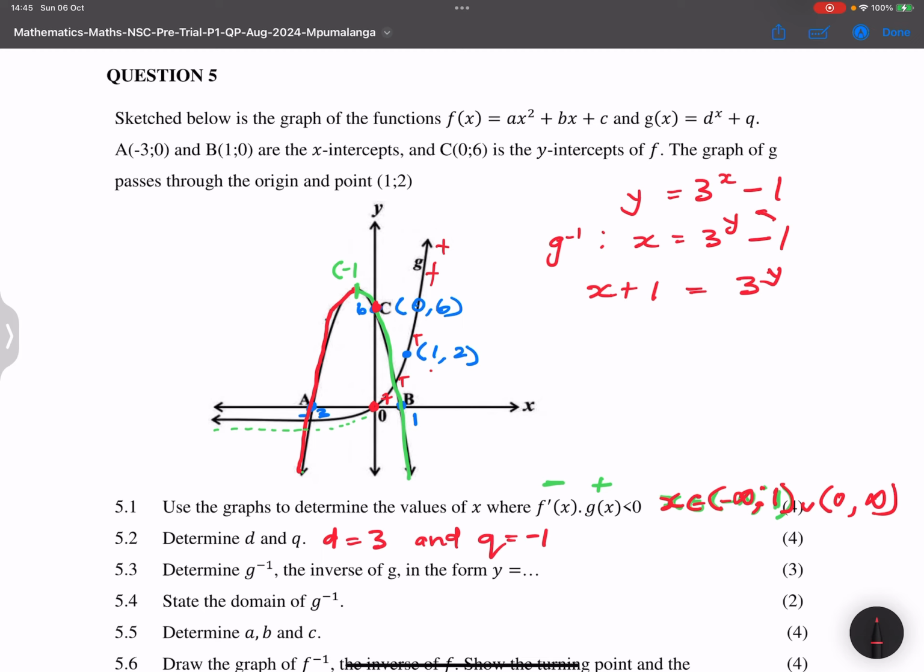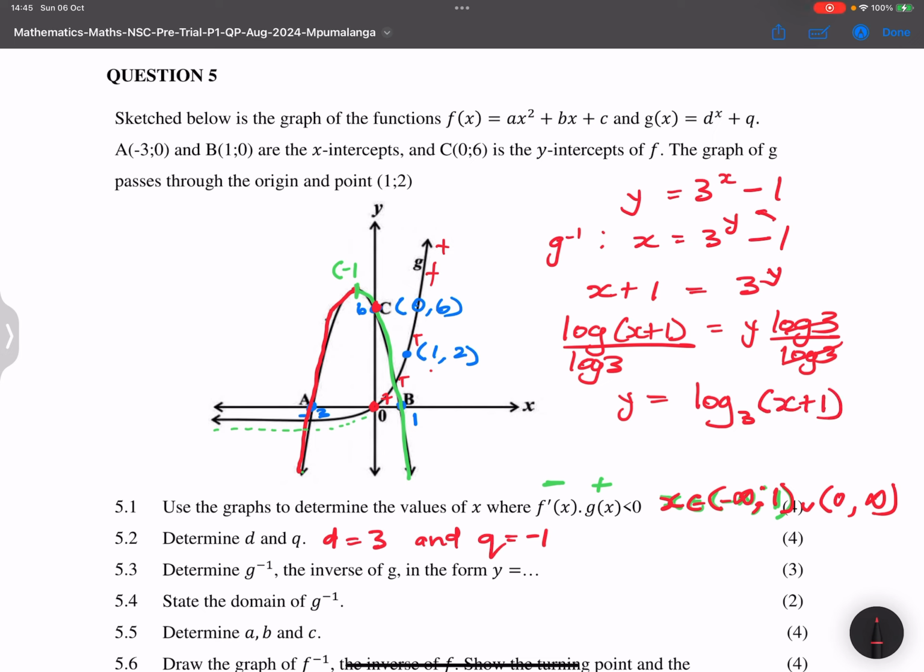Now, ladies and gents, remember this is where we introduce logs. So the log of x plus 1 would be equal to y log 3. And if we divide both sides by log 3, that means the equation is y is equal to log base 3 of x plus 1.